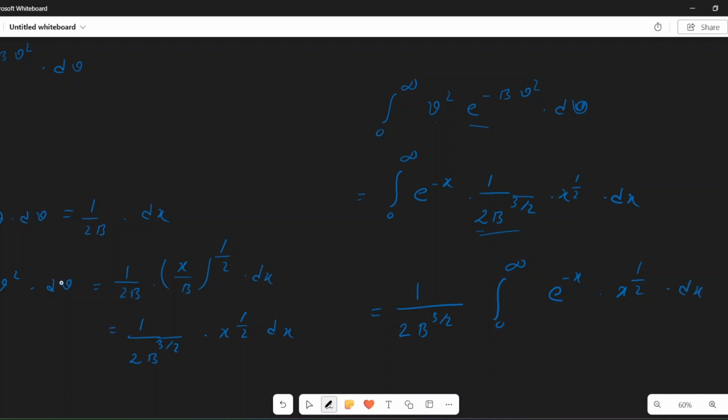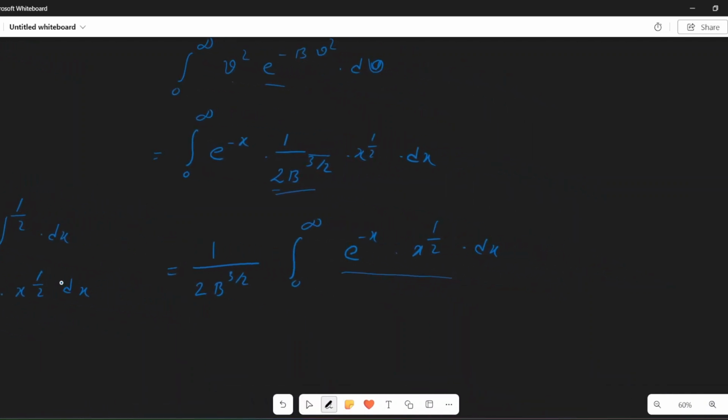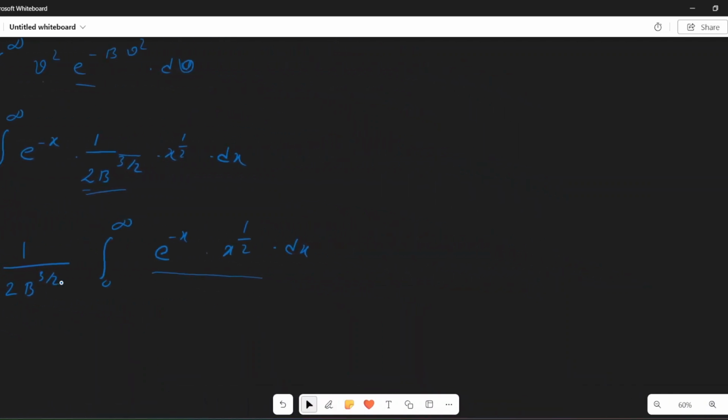Now you can remember this term looks like a gamma function. How does a gamma function look? The gamma function of n is the integral from 0 to infinity of e to the power minus x times x to the power n minus 1 dx.